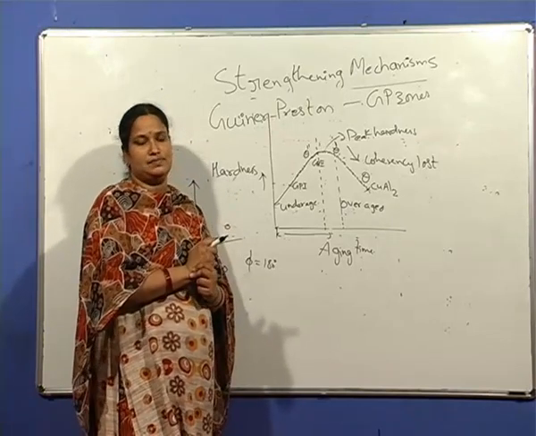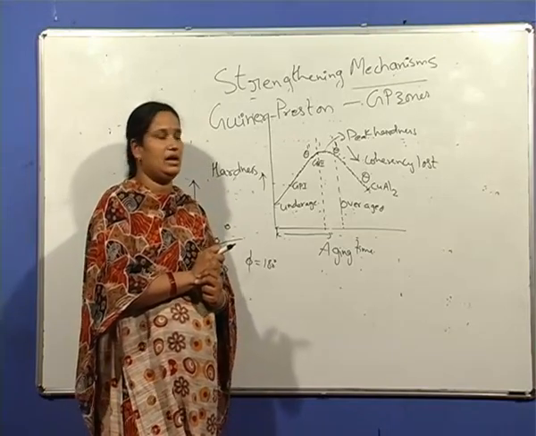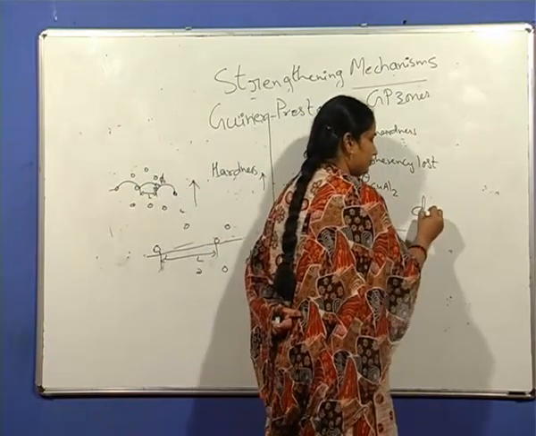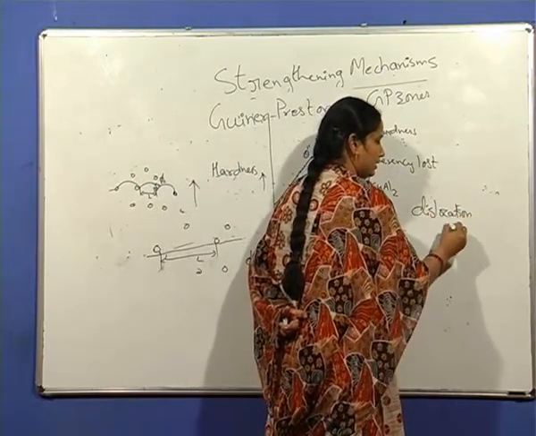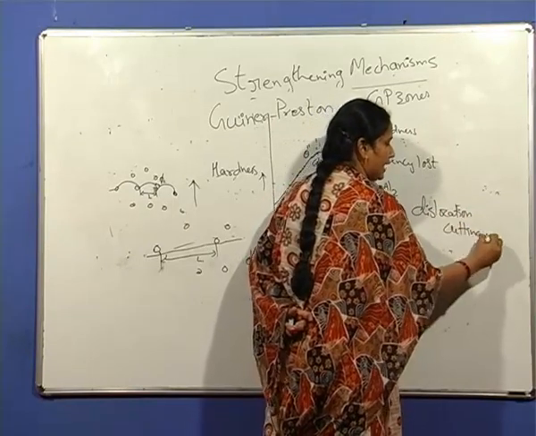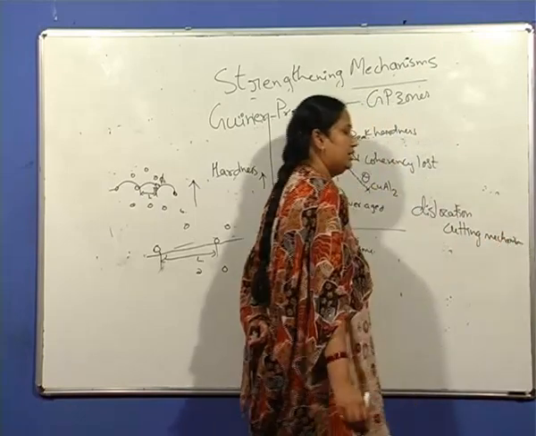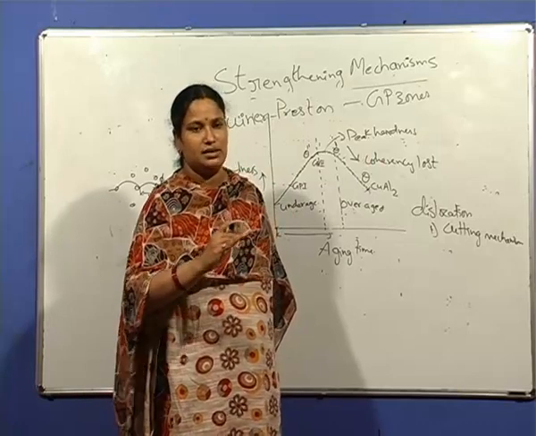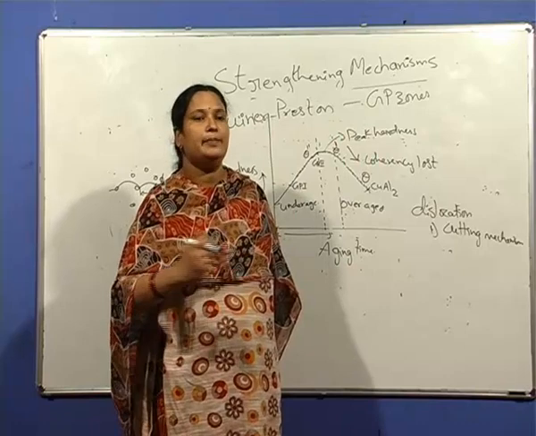The two mechanisms that lead to strengthening of the precipitation hardenable alloys, the first is dislocation cutting, that is the cutting mechanism, by which the dislocation cuts the precipitate particles and then moves further.